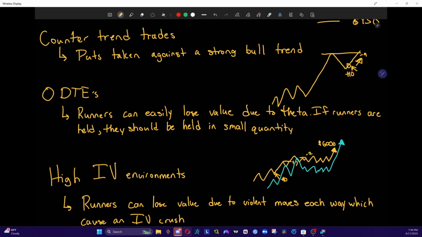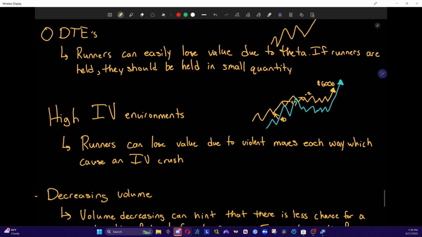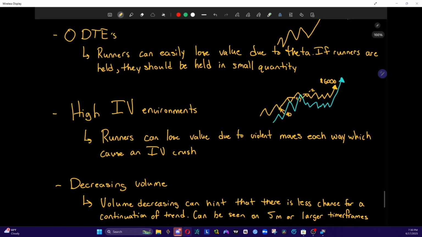So yes, IV will have an impact, but it won't have as much of an impact compared to a weekly or a swing trade that's a month out. So do realize if you're already putting yourself in a high IV environment, you might want to be a little considerate about your runners, and you might not want to hold runners in the first place. You guys can keep asking your questions, I'll get to them afterwards. I just don't want to lose my train of thought.